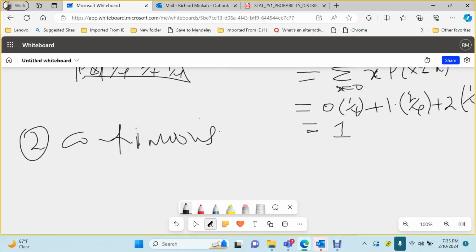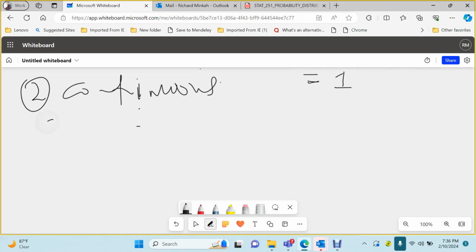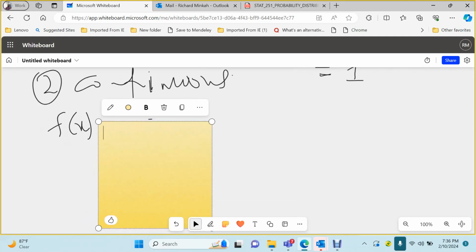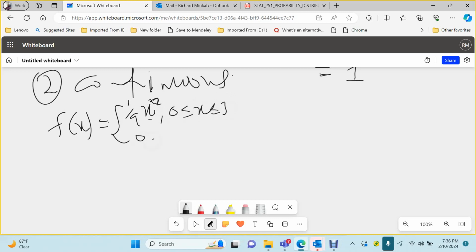In the continuous case, let's take our example from our previous example. f of x is equal to, the example we've been using, 1/9 x squared, and x is between 0 and 3.